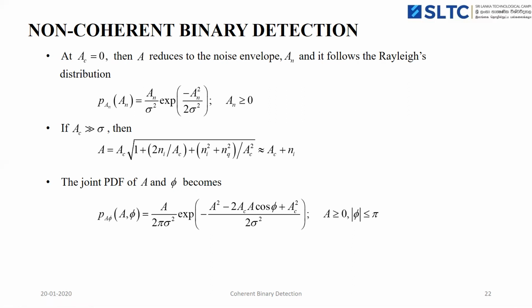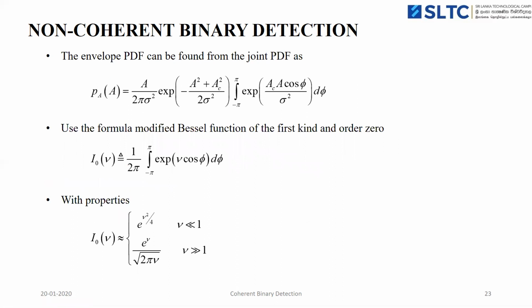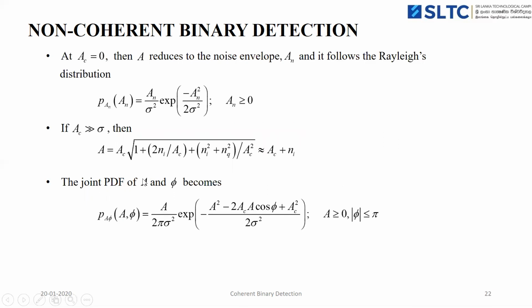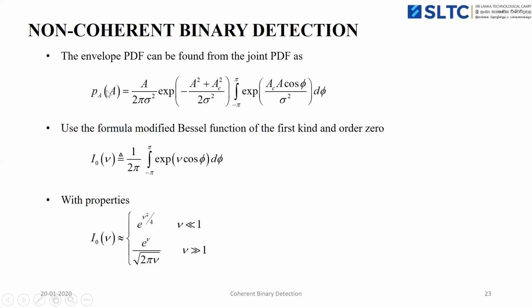So from the envelope of the received signal, we can find out the joint PDF of A and phi. This is the joint PDF of the envelope and phase of the received signal. From this joint PDF, we can find out the envelope PDF.